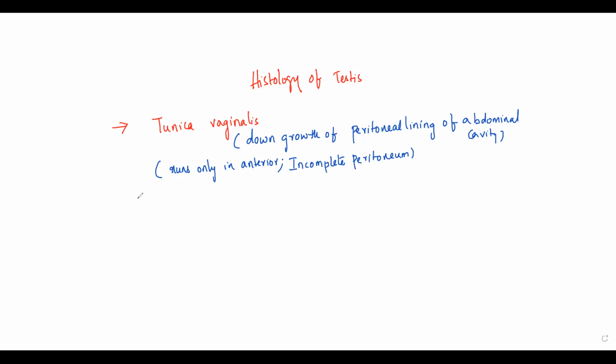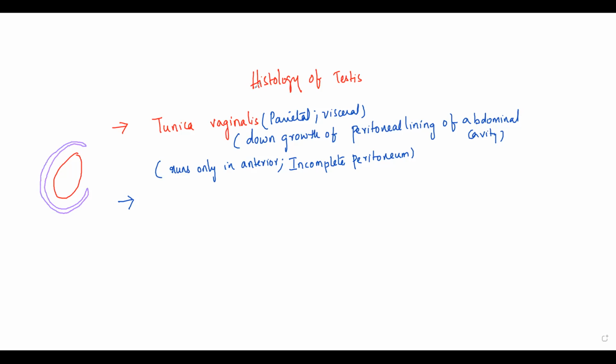And just remember, children, you all know that the tunica vaginalis has an outer parietal and an inner visceral layer. And just covering the testis, if this is the testis, the one which is covering it outside is the tunica vaginalis, only in the anterior.